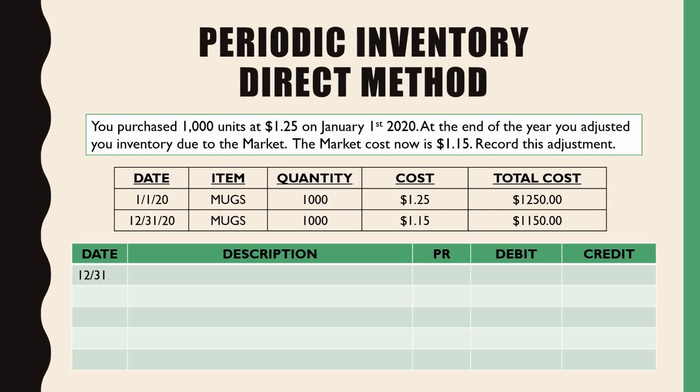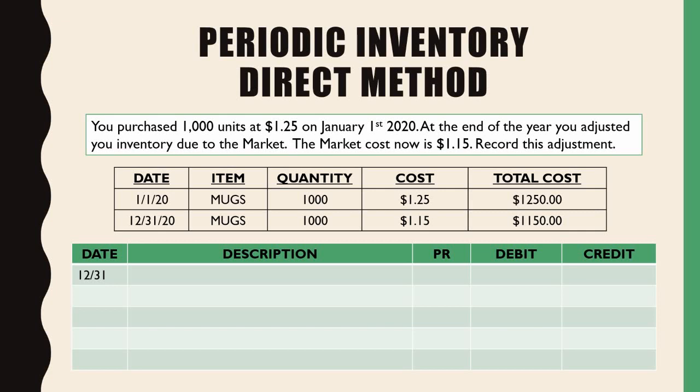Maybe the ceramics they use to make the coffee mugs is no longer in use, or the color's not in style. There are many reasons why they would be outdated. This is assuming that we didn't sell any mugs the whole year. So here we can see that the original purchase in January was a total of $12.50.